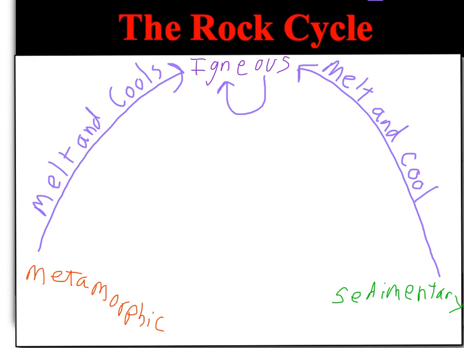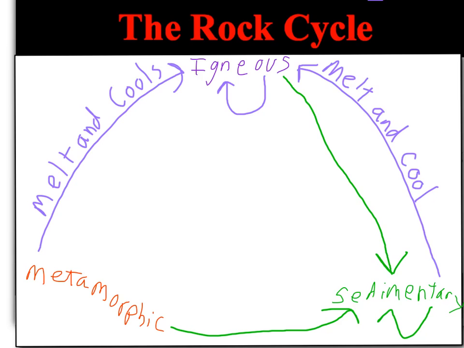Now, how about making a sedimentary rock? Well, again, igneous rocks can make sedimentary rocks, or metamorphic rocks can make sedimentary rocks, or even sedimentary can make other sedimentary rocks. And this comes from weathering, which breaks down rocks, and sedimentation, which is just rocks turning into sediment, small little chunks.